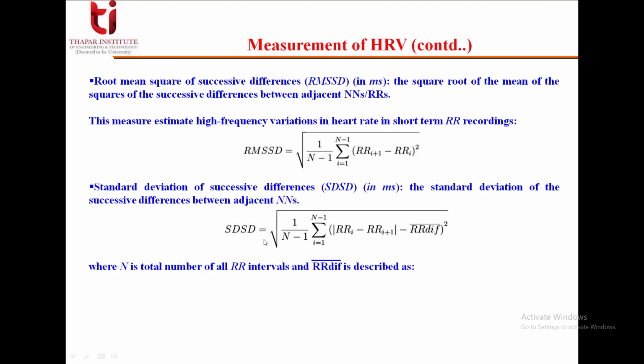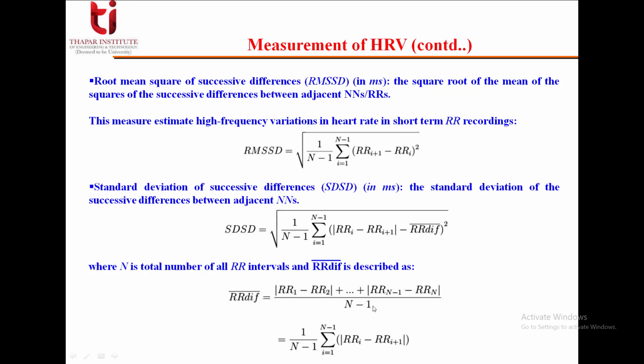As you can see, it equals the square root of 1 by n minus 1, summation i running from 1 to n minus 1, then mod of RRi minus RRi plus 1 minus the mean of RR difference, whole square, and here n is again the total number of RR intervals, and RR difference bar is described as you can see in this formula.